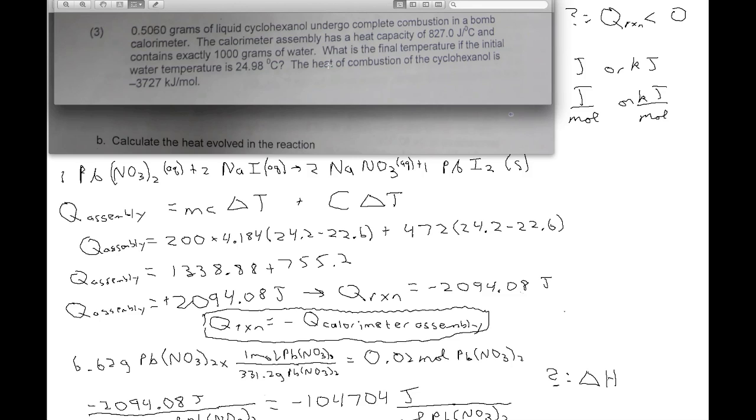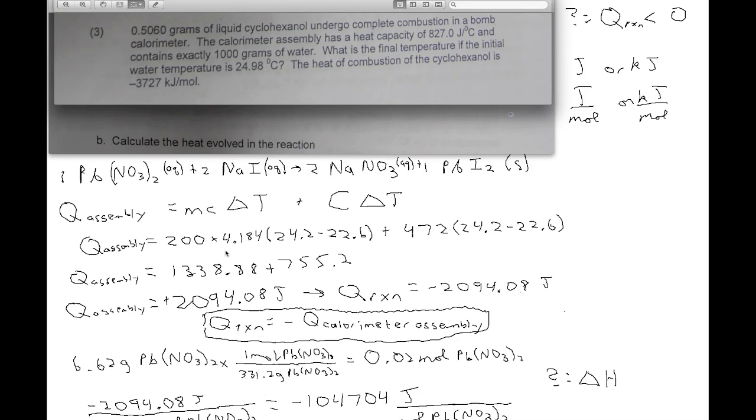So for number 3, I told you to ignore the water because they said calorimeter assembly. I thought that meant the water too, but then why would they tell you how much water there is? That's a good point. So I don't know. Maybe you should ask your instructor before the test because I'm not sure what the right way is here. Now I'm confused. They did say that there's 1,000 grams of water.